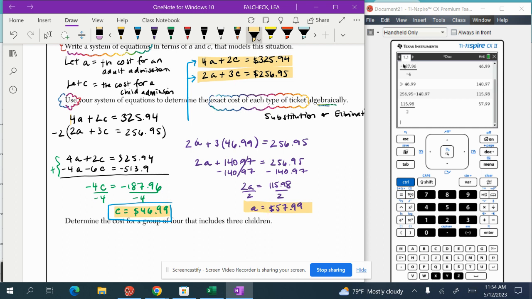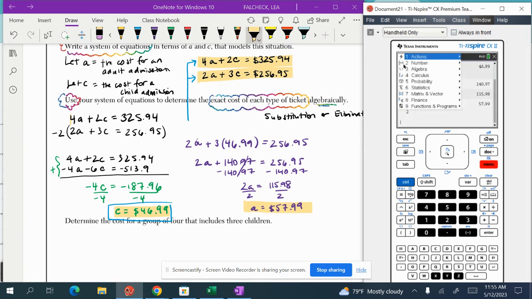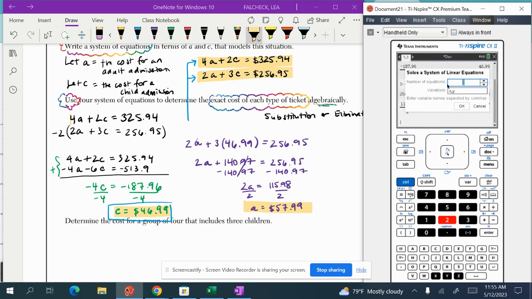I just want to double check my work because this is the Regents and I want to make sure I know I'm right. So I'm going to go to menu, 3, 2 for solve system of linear equations. I'm just going to change the variables because they are now in terms of A and C. I hit OK. And then now I'm going to type them in. 4A plus 2C equals 325.94.